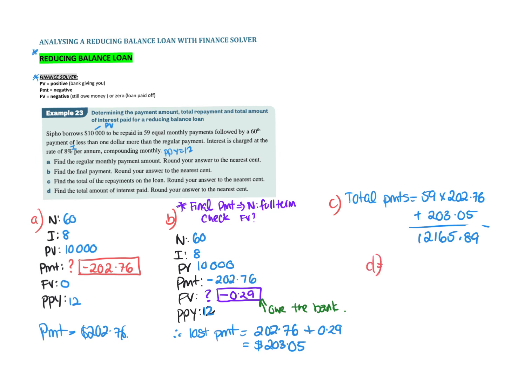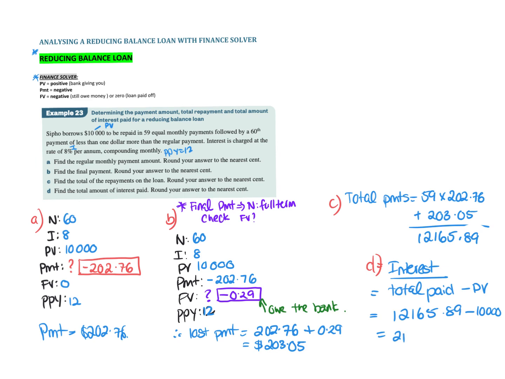Okay. And then for D, when they said find the total interest paid, that will be the total paid minus the PV. So if you look, the total interest he paid was 12165.89 minus 10,000, that's what he originally borrowed.